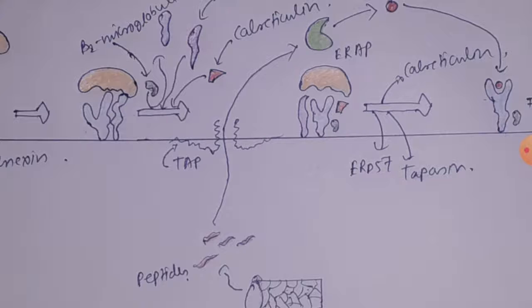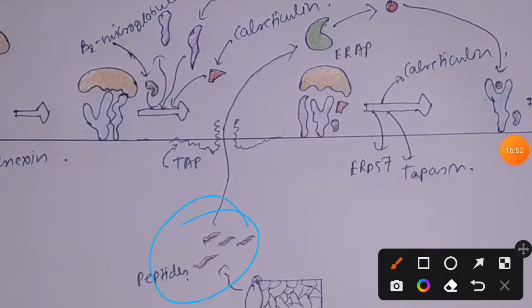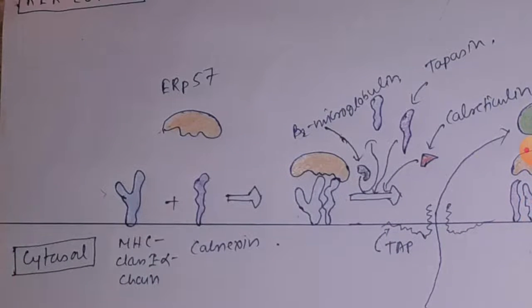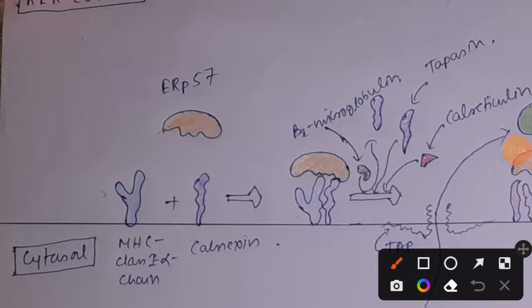But before that, the first thing is that the peptide produced by the proteasome has to be transported to the ER lumen, right? Because MHC class 1 molecules are present in the ER lumen, and the peptide processed by proteasomes is in the cytosol, so it has to be transferred.